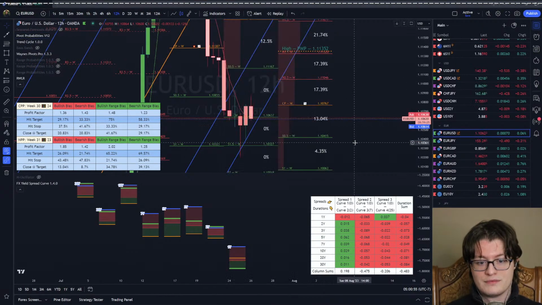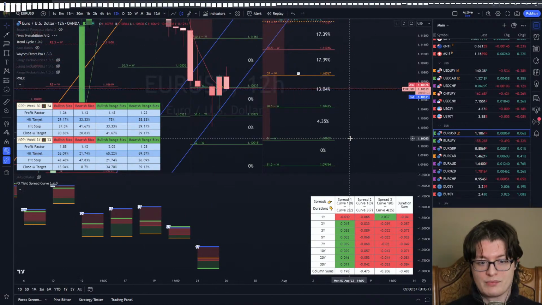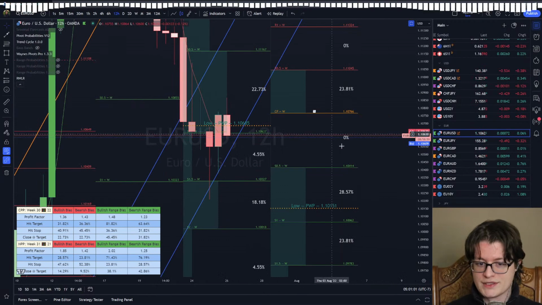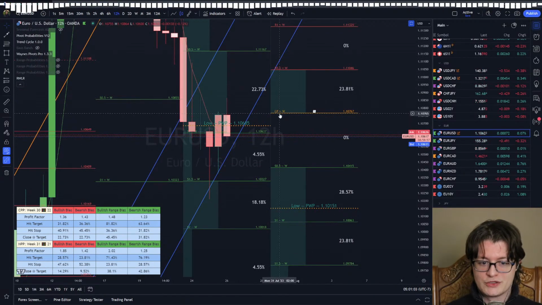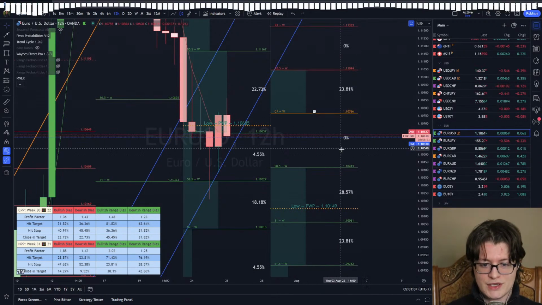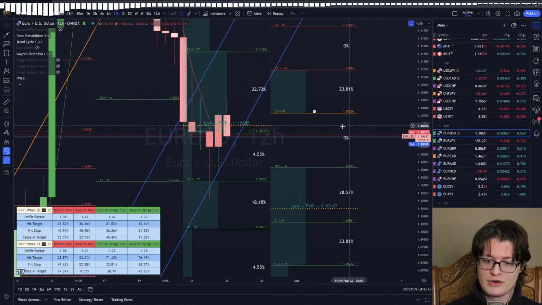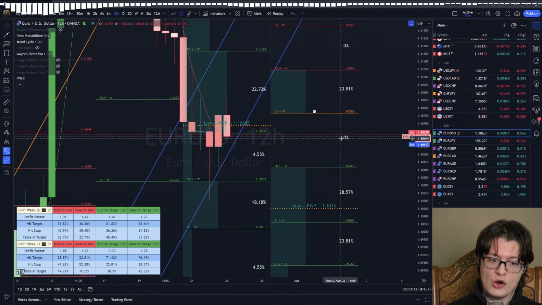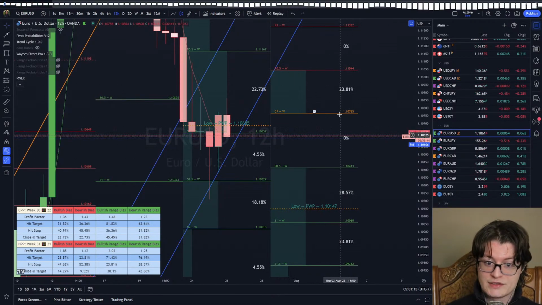And then you've got a probability gap right here. See this, where it says 0? Between central pivot and S0.5. This 0 represents the number of times we got a low for this next trading week.